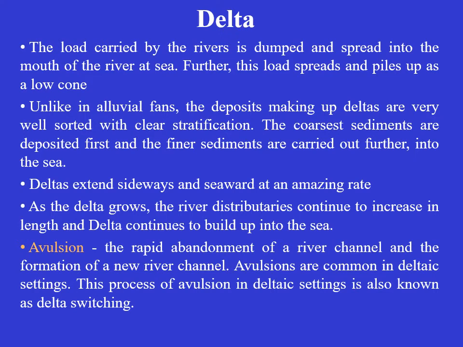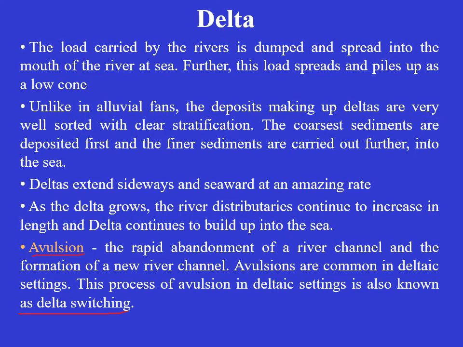Because of this blocking of the river path by delta deposition, the river channel shifts its path and forms a new river channel. This shifting of the river channel in a deltaic condition is known as avulsion. This process of avulsion in a deltaic setting is known as delta switching. Thereby the delta also changes its shape and size.